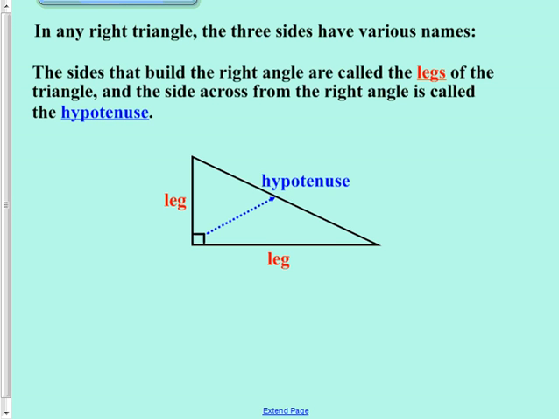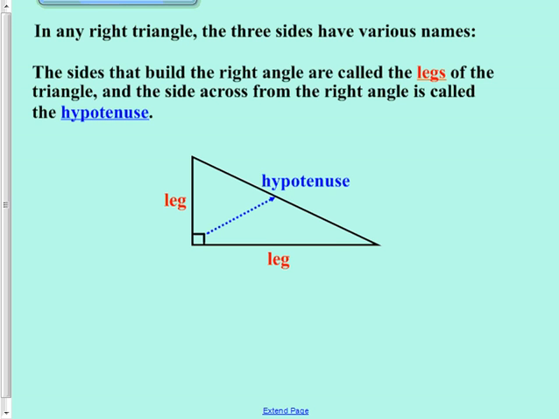Now some basic vocabulary that you are probably already familiar with, but go ahead and copy it down anyway. In our right triangle, our three sides have various names. The two sides that build the right angle of the triangle are called the legs of the triangle, and the side that is across from the right angle is called the hypotenuse.